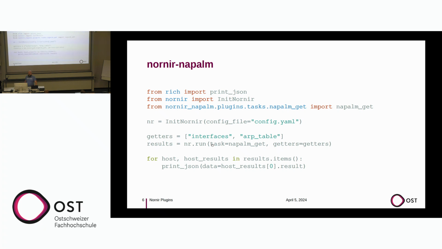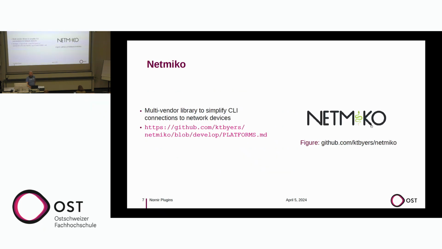Important is that we run this task and we import this. We don't have to think about the connection itself. The connection is done by this task. It will see if there is a NAPALM connection already existing, or it will create one in memory. But in the end, you have to run the code and to debug it sometimes.